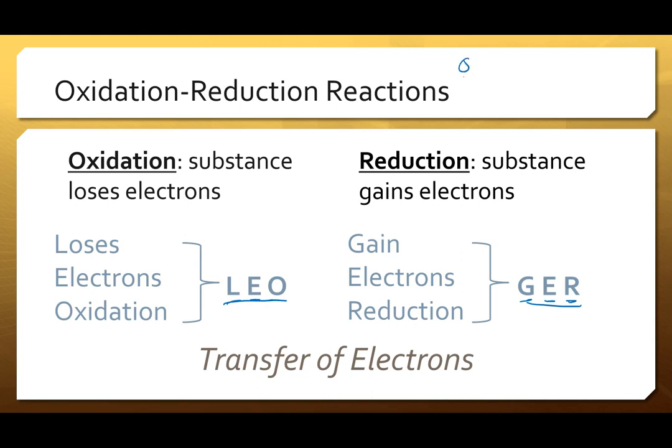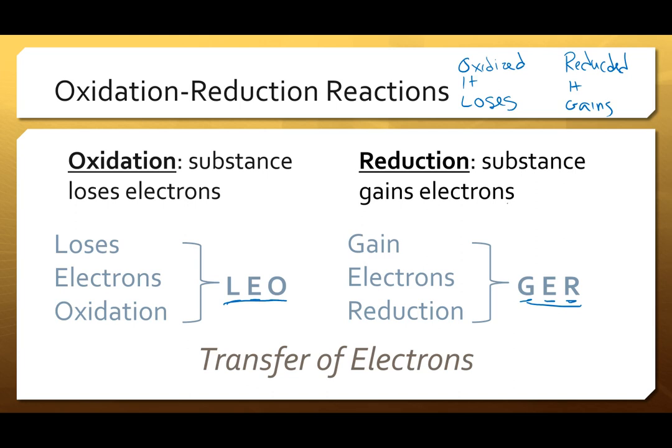Another one is oil rig. I've seen this one before too. So oil rig is: oxidize, it loses; reduced, it gains. So same idea here. Oxidized is losing electrons. Reduction is gaining electrons.